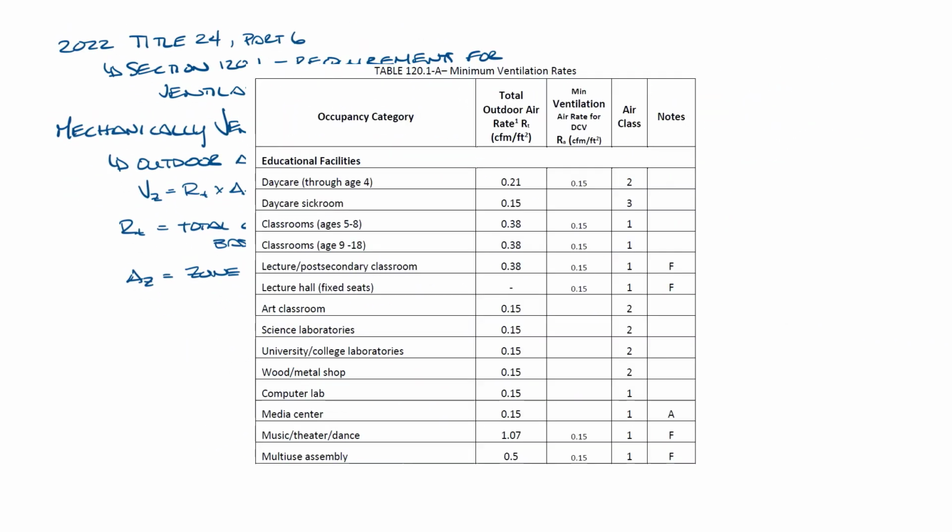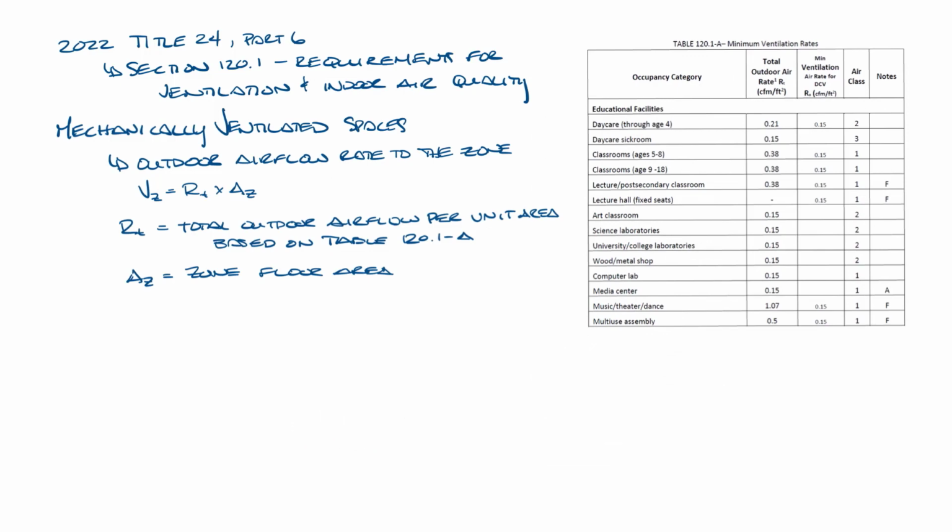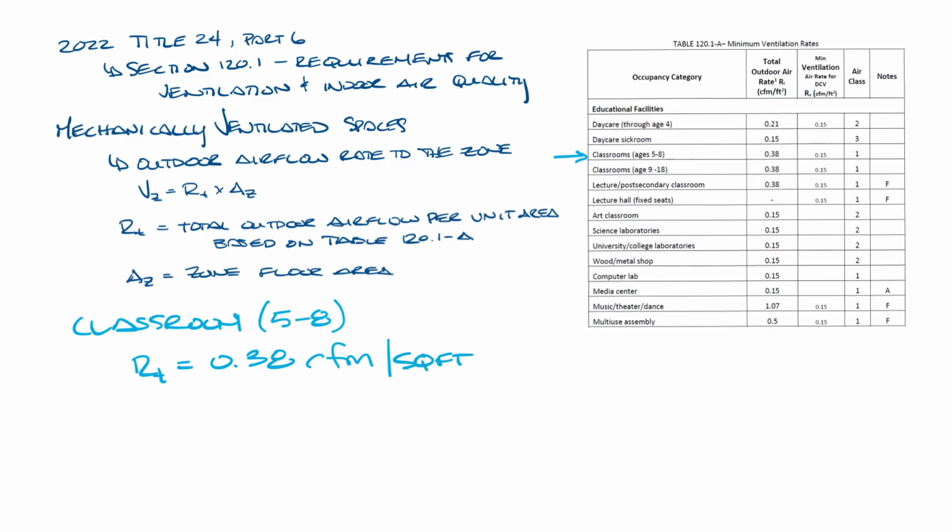This is Table 120.1-A. So let's use the same example we used in the last video. If we have a classroom for ages 5 through 8, the R sub T equals 0.038 CFM per square foot. The A sub Z is the 30 by 30 space.